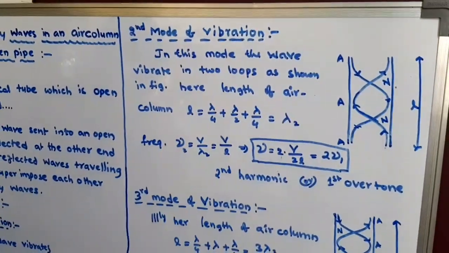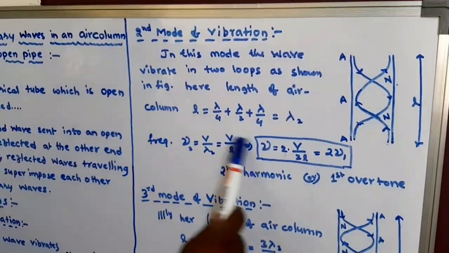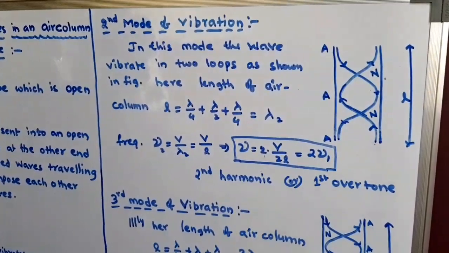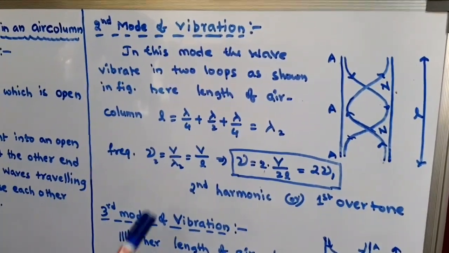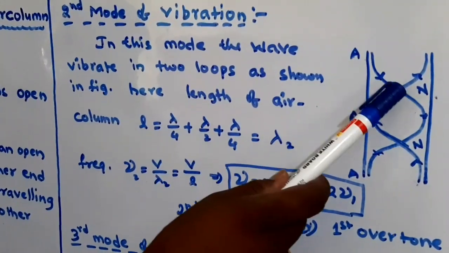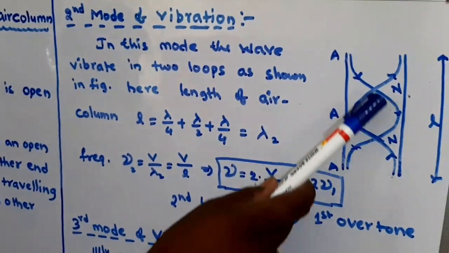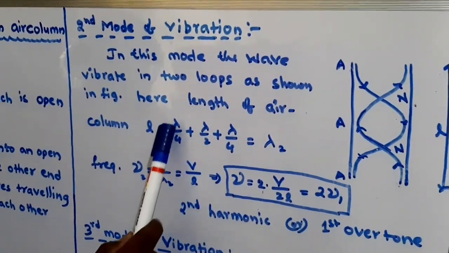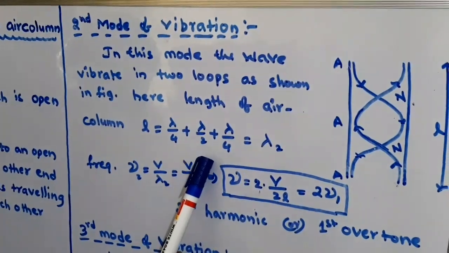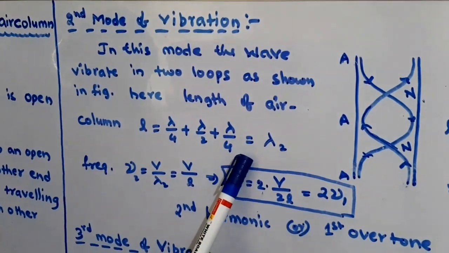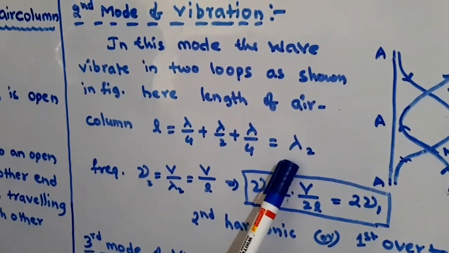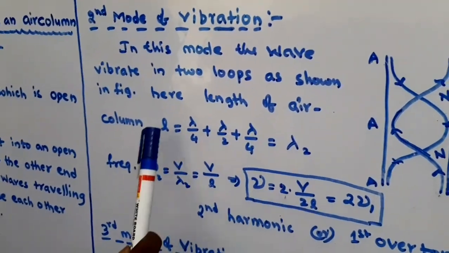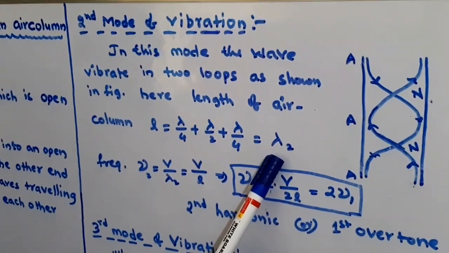So in the second mode of vibration, let us see the length of the air column. L is equal to lambda by 4, and this is lambda by 2, and this is lambda by 4. So what is the total value? Lambda by 4 plus lambda by 2 plus lambda by 4 is equal to lambda. But I will mention it with subscript 2. Understand? So L is equal to lambda 2.